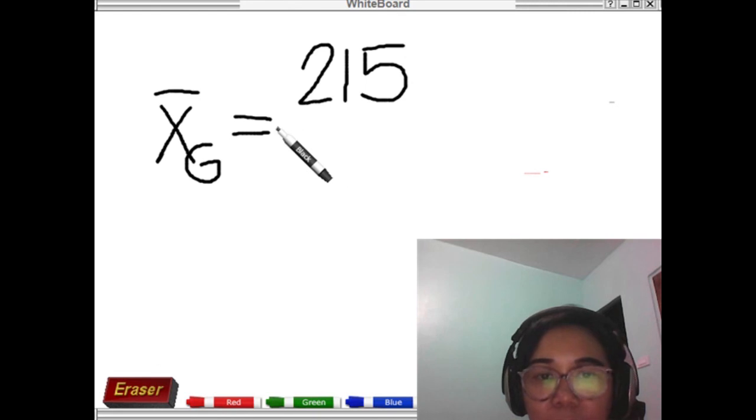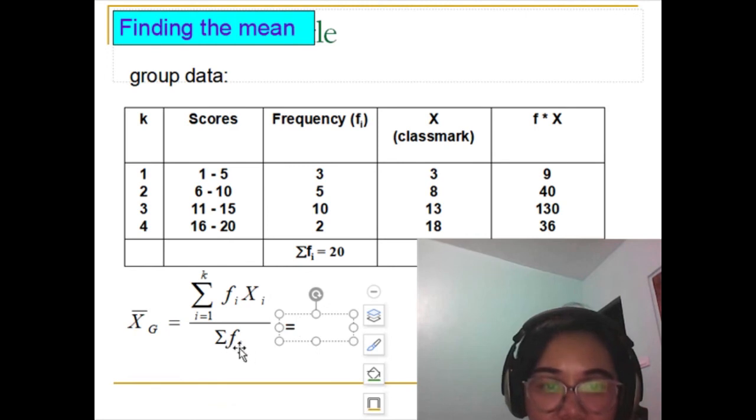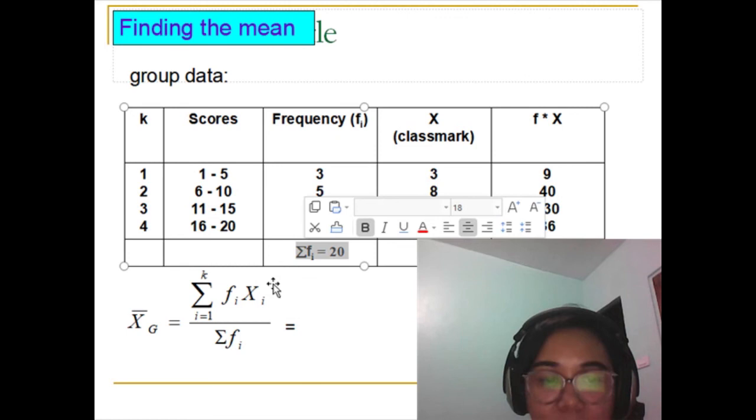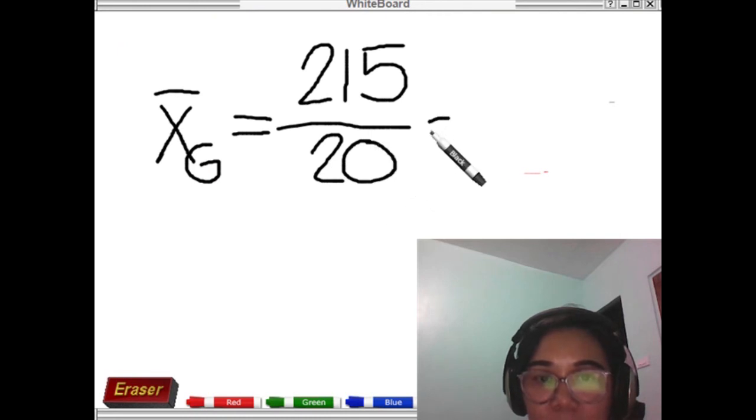We divide it by, going back to our formula, the sum of f sub i, and that is 20. We substitute it here. We divide 215 by 20. If you divide this by 20, you will get 10.75.